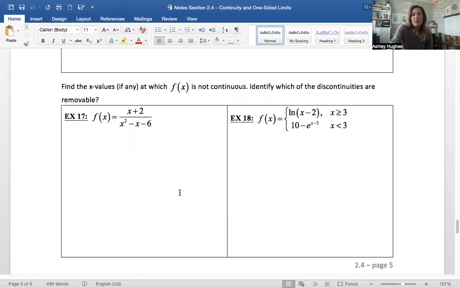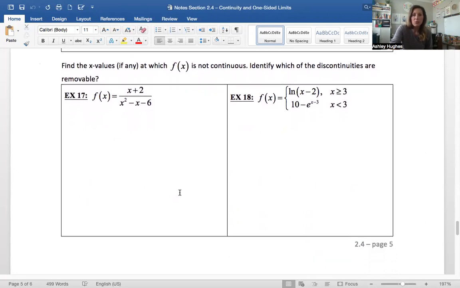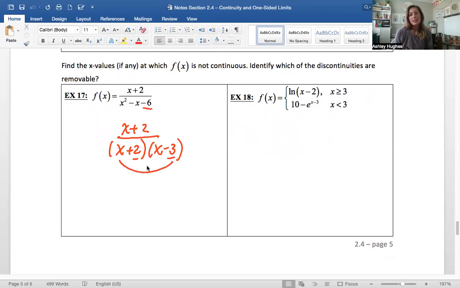Find the x, if any, where f of x is not continuous. Identify which of the discontinuities are removable. It's removable if you can literally remove it, which means factor and cancel. So if I factor the bottom, it's x plus 2 times x minus 3, because 2 times negative 3 gives us negative 6, and if I add negative 3x and 2x, I get negative x.